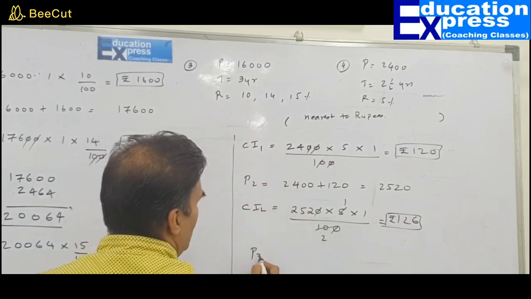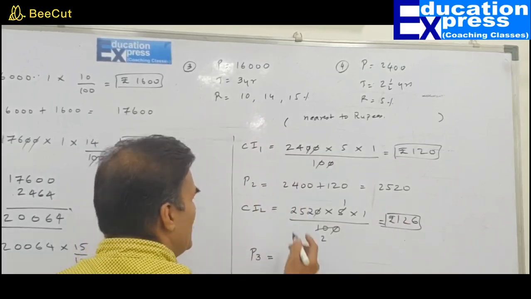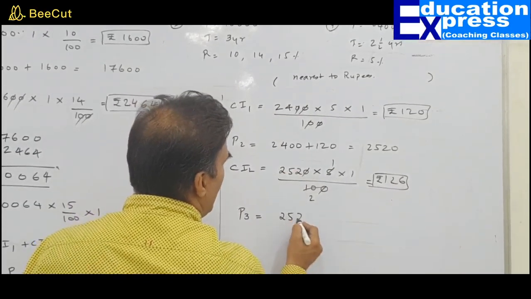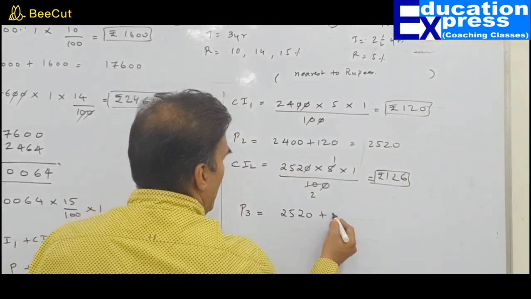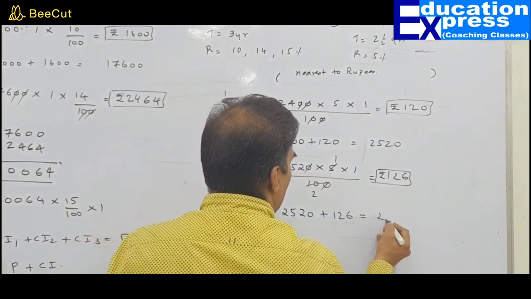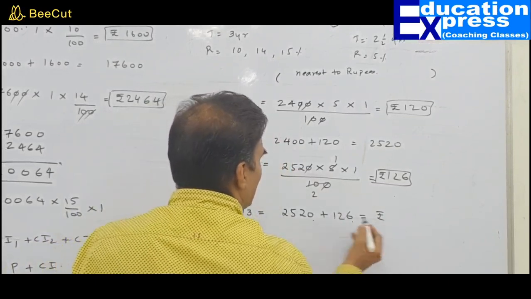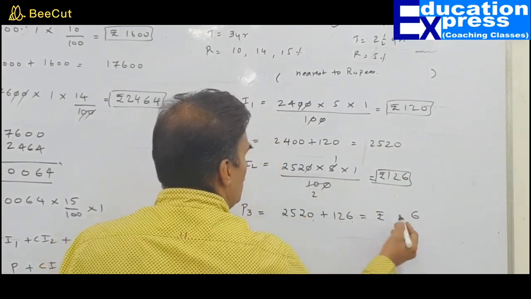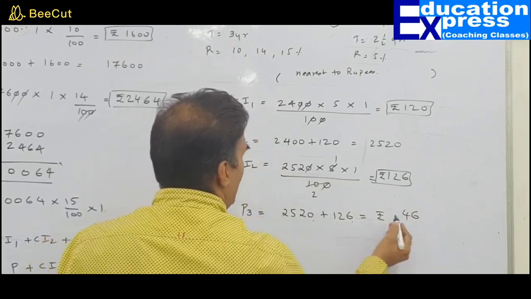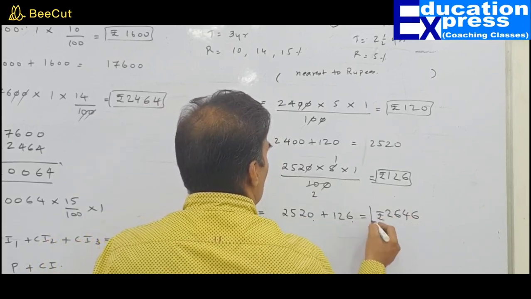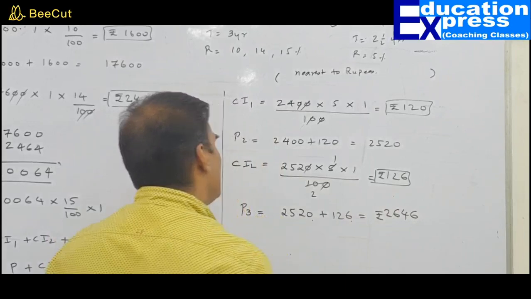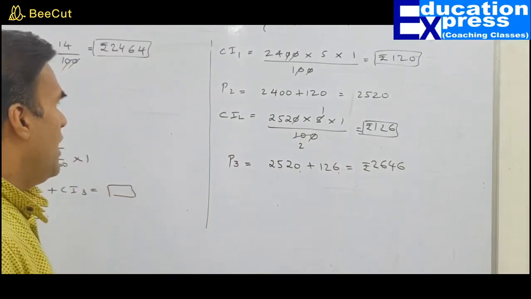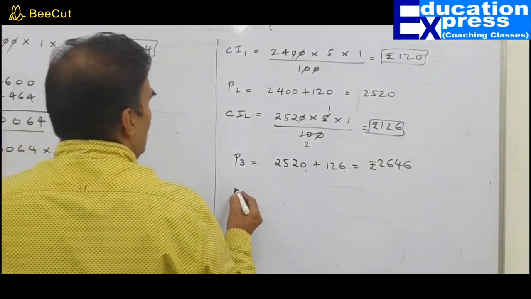So what will be the principal, in the same monotonous way? I started with 2520 plus 126, that is 2646. How to find interest for the third year?